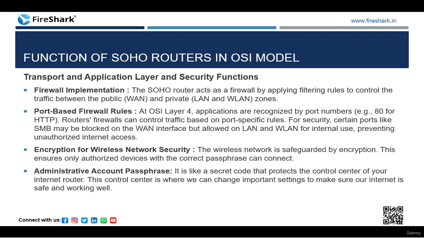Now next one is encryption for wireless network security. The wireless network is safeguarded by encryption, and this ensures only authorized devices with the correct passphrase can connect. So basically it's authorization, like on the application, presentation and session layers, authorization works, right?